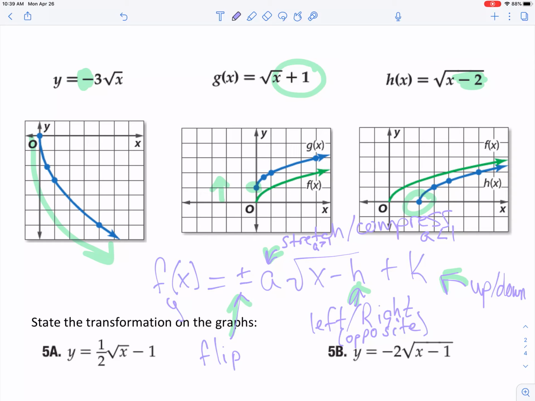So if I had to graph this first one up here on my own, my table, x y, would start at a positive 2, and then 3, 4, 5. Let's mentally check this out. If I plug in that 2, 2 minus 2 is 0. The square root of 0 is 0. Try plugging in a 1. 1 minus 2 is negative 1. Oh, can't take the square root of a negative 1. Okay, that's how you know where to start your table.